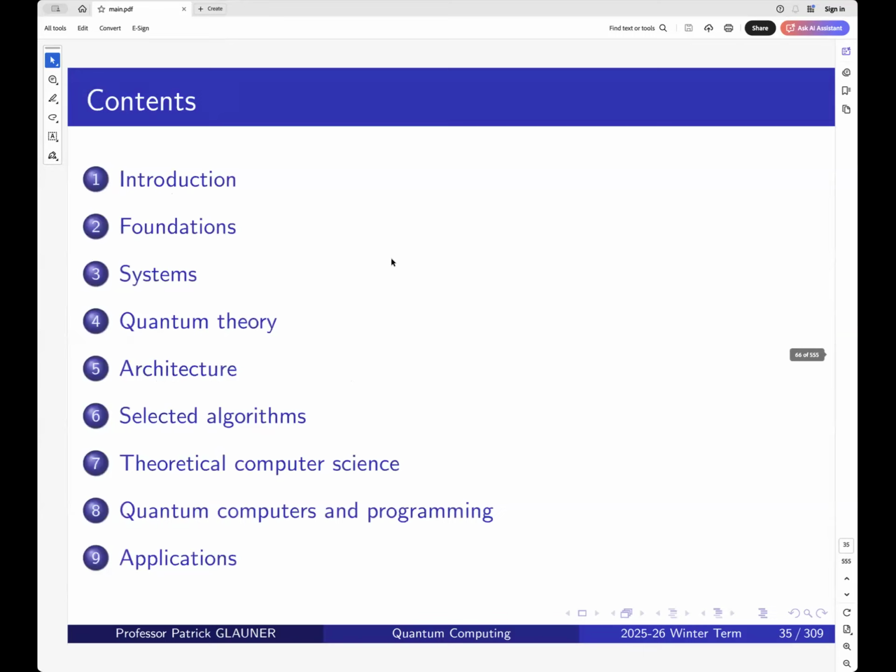And we saw complex vector spaces. And everything we're doing as of now in this course is essentially we use complex numbers and linear algebra to build things. Next week, we start with these systems, first deterministic systems, then probabilistic ones, then quantum ones.